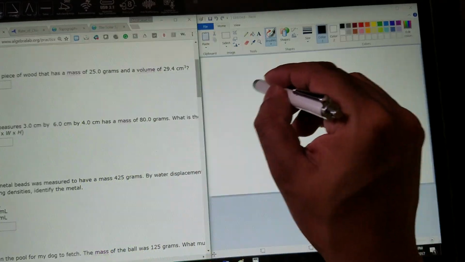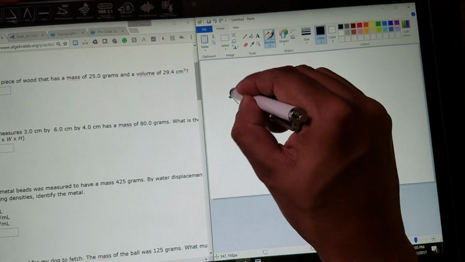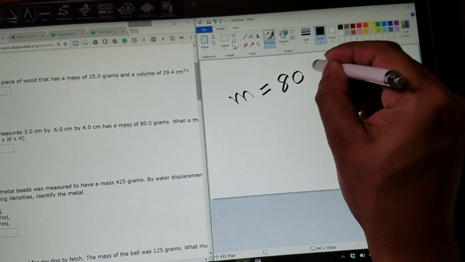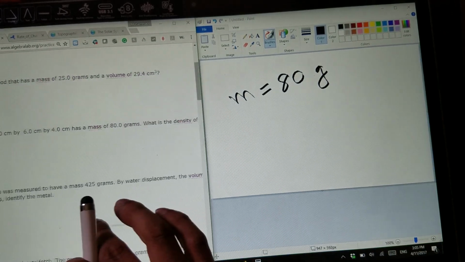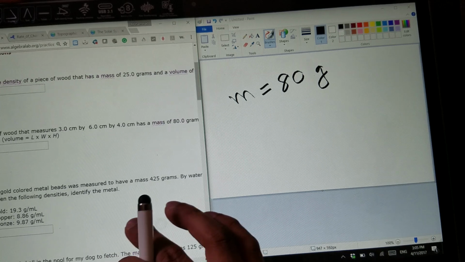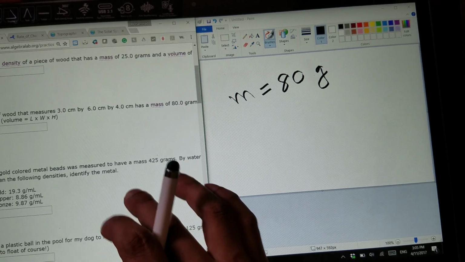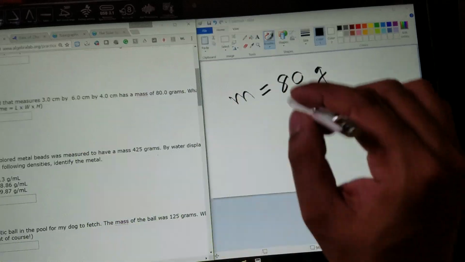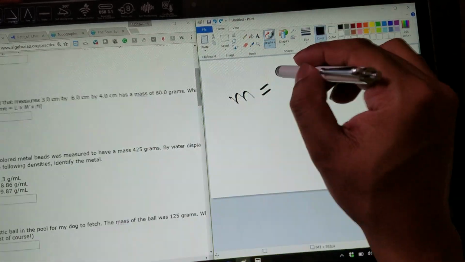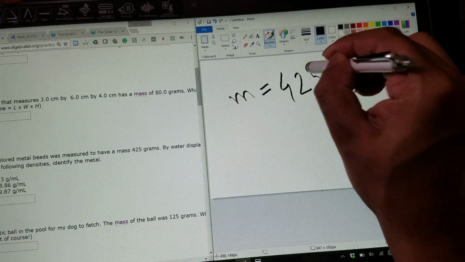It is given. Make sure you use the unit, which is gram. Oh, I'm sorry, I'm looking at actually question number 2. The mass is actually 425 grams.